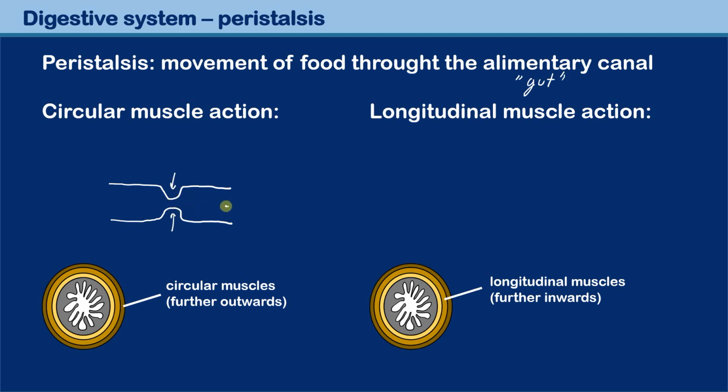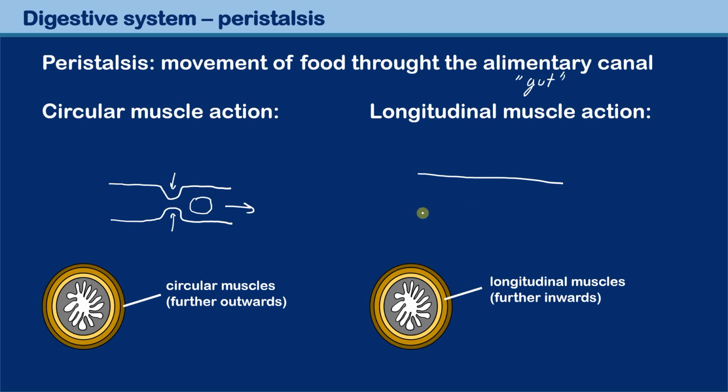And the food which has to be moved over here, let's say to the right, cannot go back because the intestine is constricted over here, and that's due to the action of the circular muscles. The longitudinal muscles are responsible for moving the food forward.